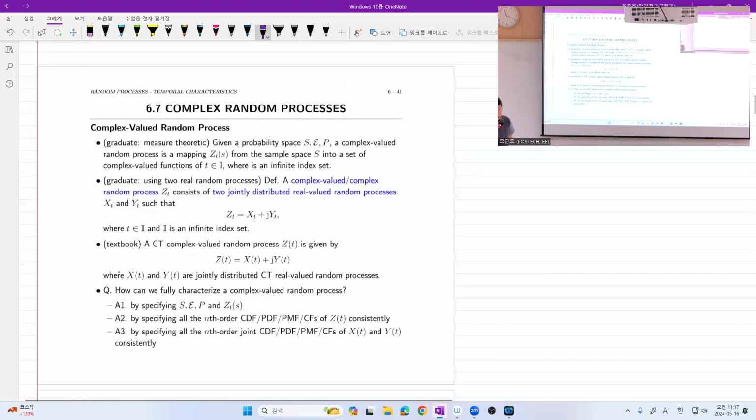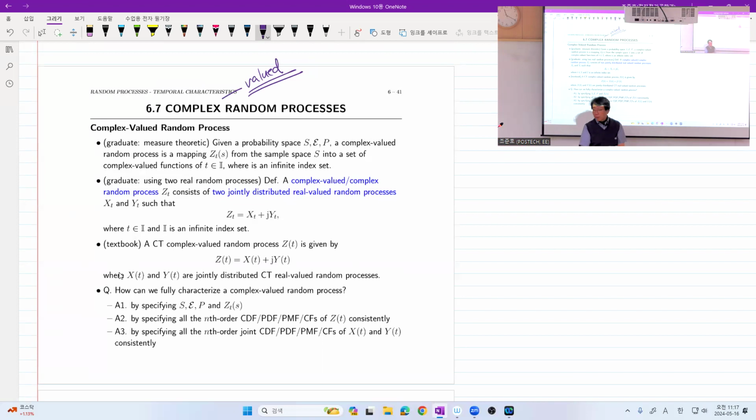And let's move on to our section 6.7, complex valued random processes. Sometimes it is called complex random processes because we have real valued vector process, real valued scalar process, complex valued vector process, complex valued scalar process, and sometimes they want to use this "valued" to emphasize the difference.